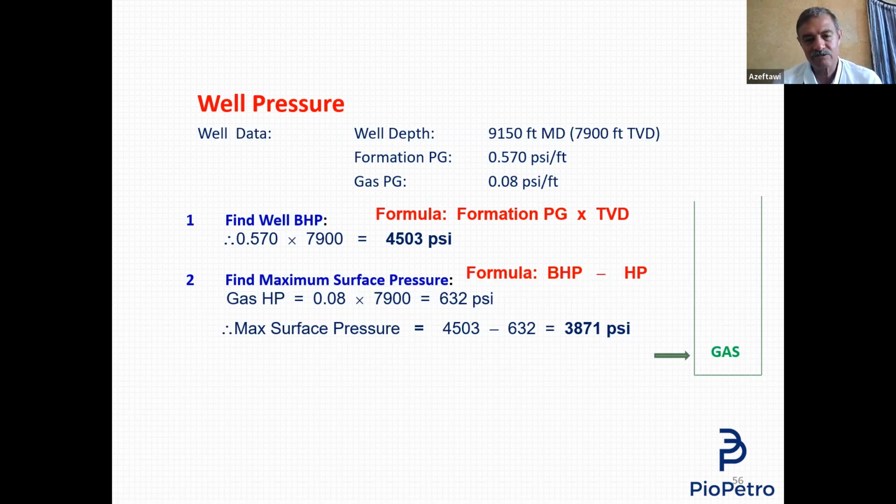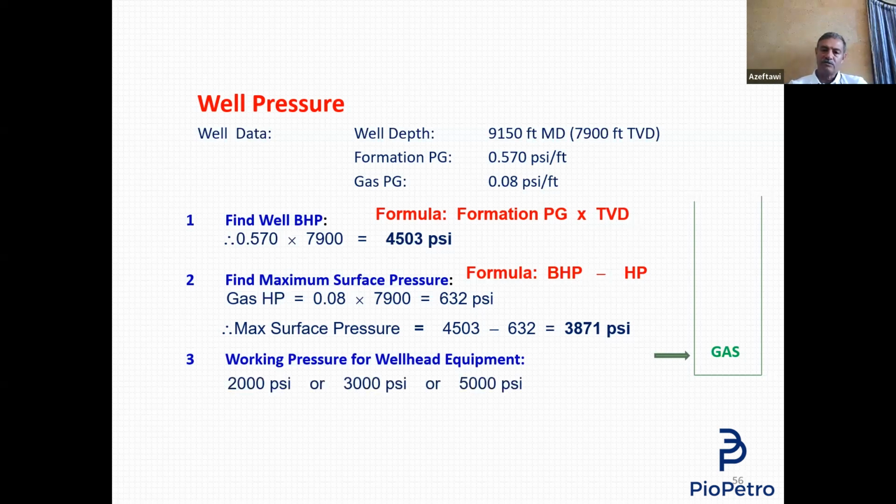The third question, working pressure for the wellhead. If I need to purchase wellhead equipment for this well, should I get it 2,000 or 3,000 or 5,000?